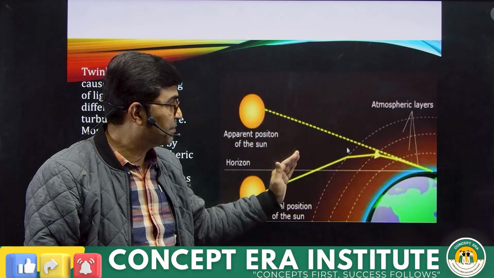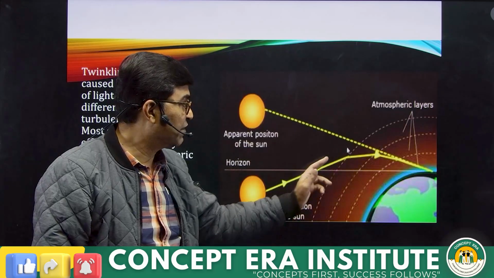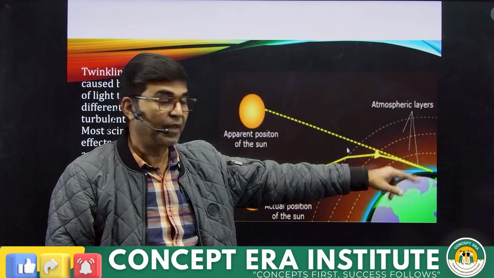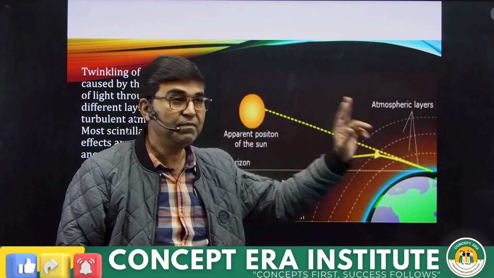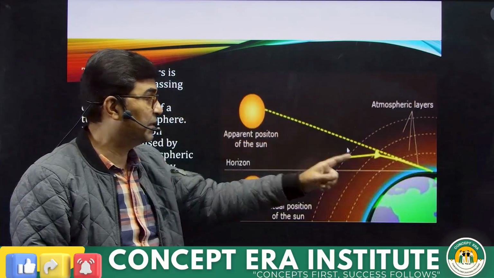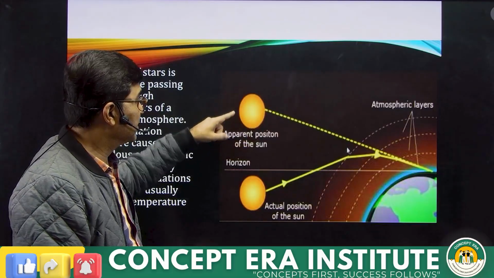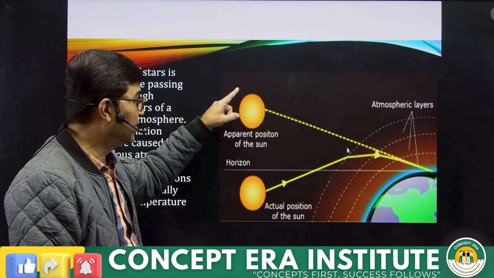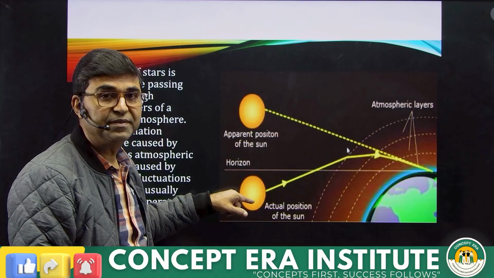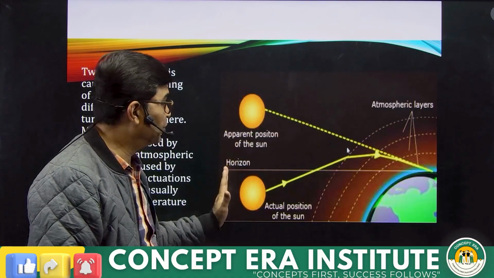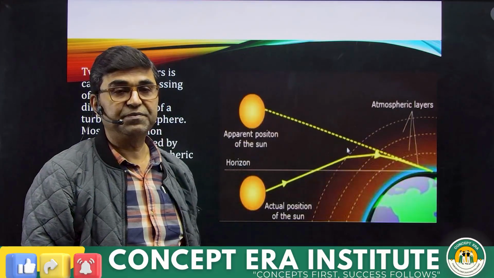So subsequently, the light follows a curved path. When it reaches the eyes of the observer, the brain perceives that light is coming in a straight line, and we see the position of the sun here. But actually, the sun is not here, but actually it's here. This change in the position of the sun is due to the atmospheric refraction.